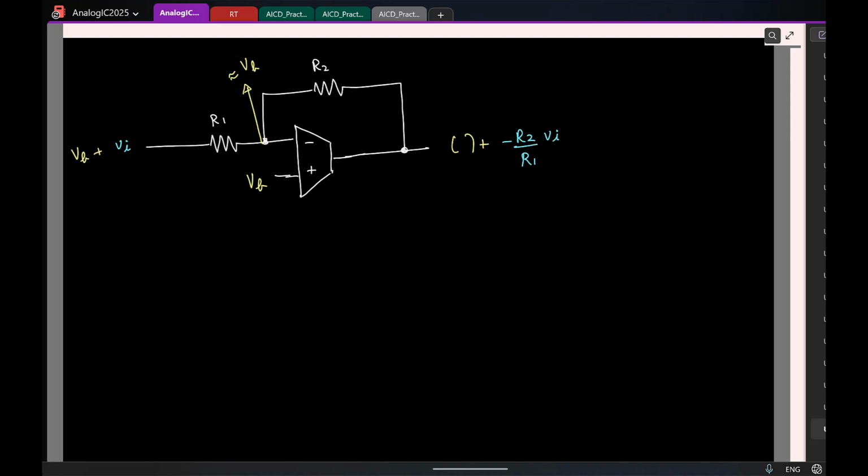What is the DC current flowing through R1? 0 amps. So then what is the DC current flowing through R2? If the DC current flowing is 0 and the DC voltage here is VB, what should the DC voltage here be? You can write it directly. Is it clear?